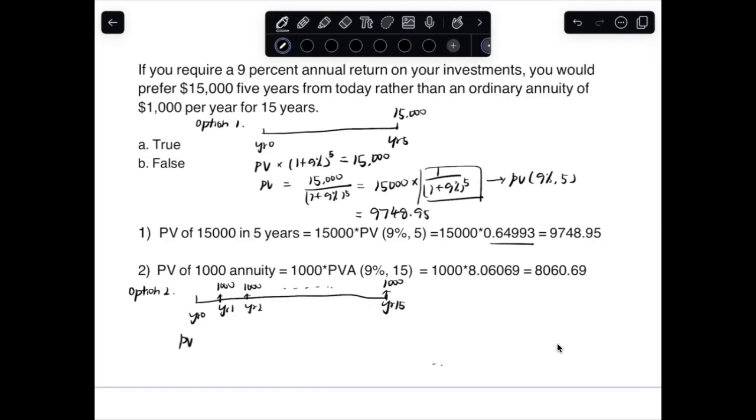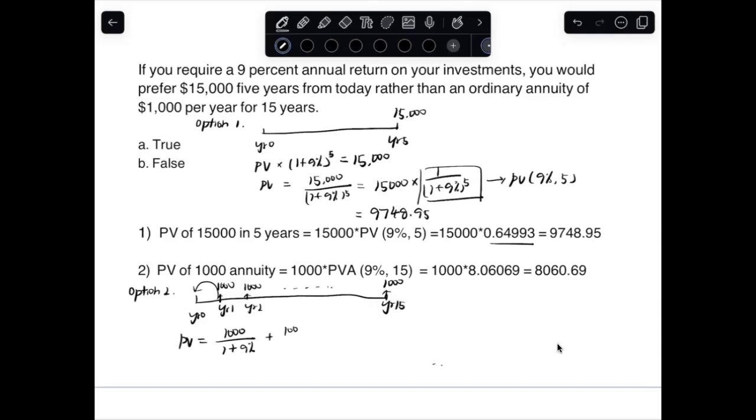So PV equals 1,000 over 1 plus 9%, that's the present value of the 1,000 in year 1.